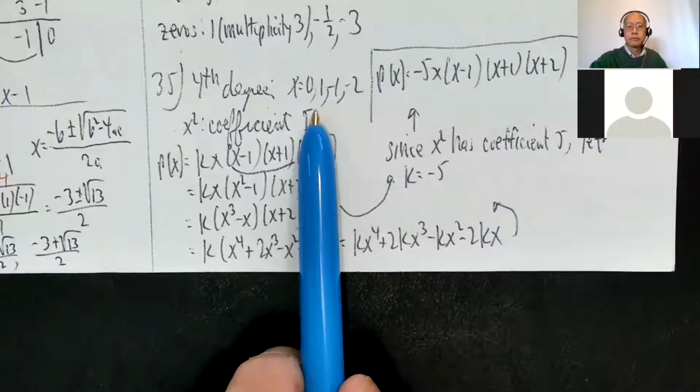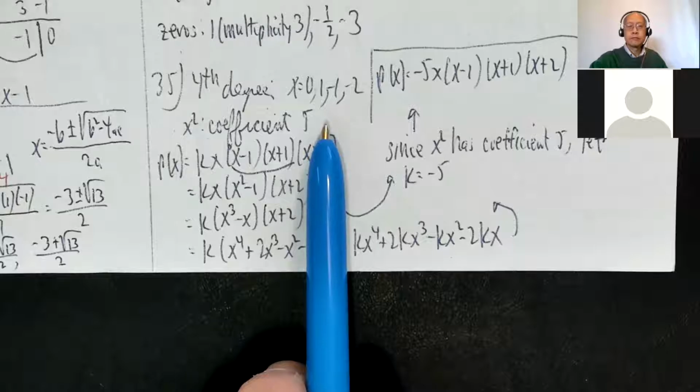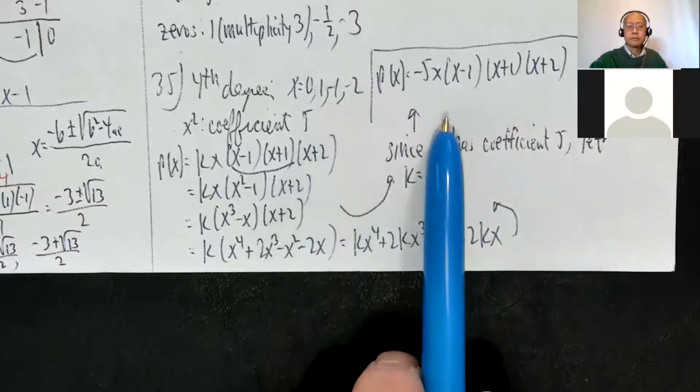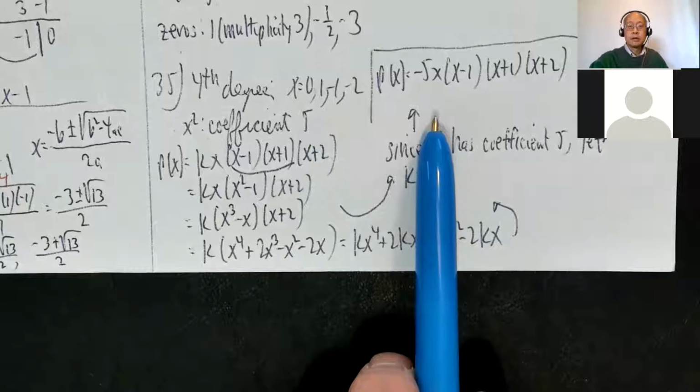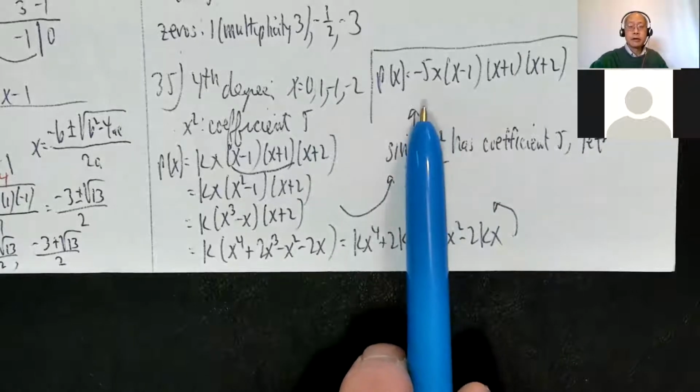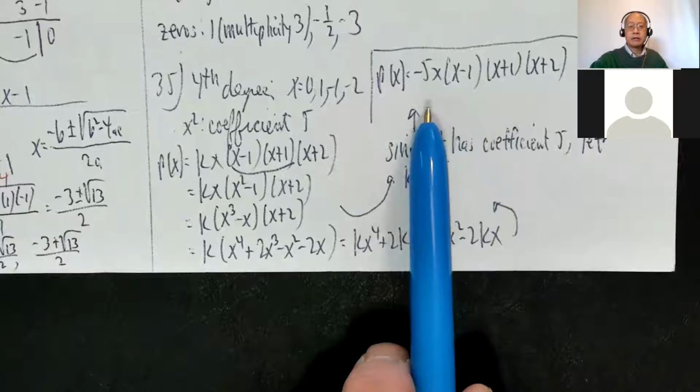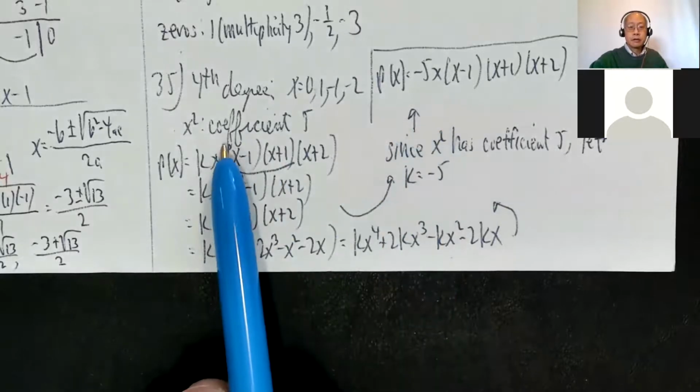My final answer was x times open parentheses 5x squared minus 5 close parentheses times open parentheses x plus 2 close parentheses. The coefficient of x squared is still 5, and all my zeros are correct. So is that a wrong answer still, or no? I'd have to see what you did, and I didn't have a chance to see exactly what you were talking about. All right, I'll come to your office hours.